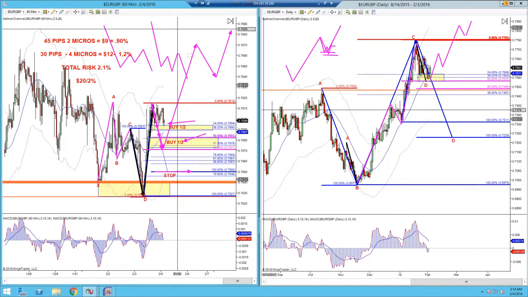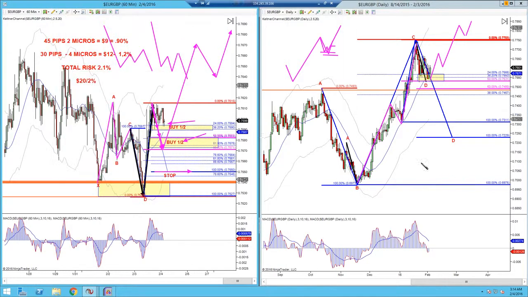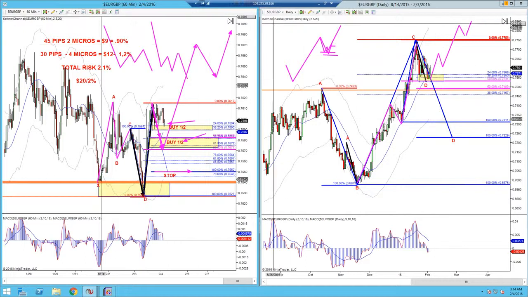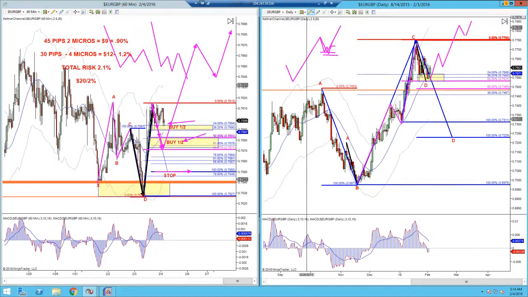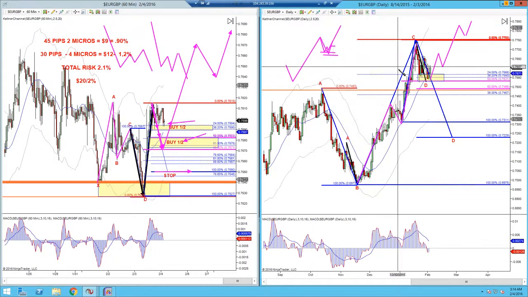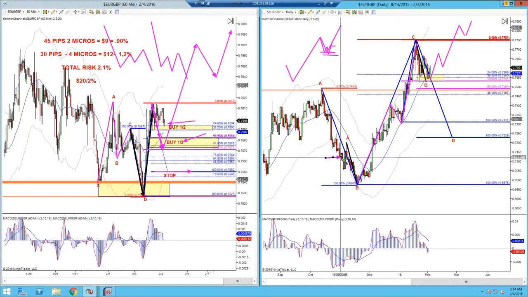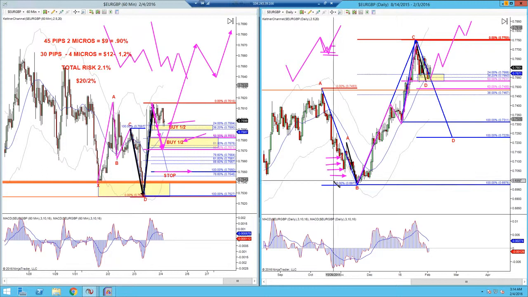So you understand when you're trading, and the misconception comes in, that if you buy here, and you buy here, and you buy here, that you are scaling into a loser.